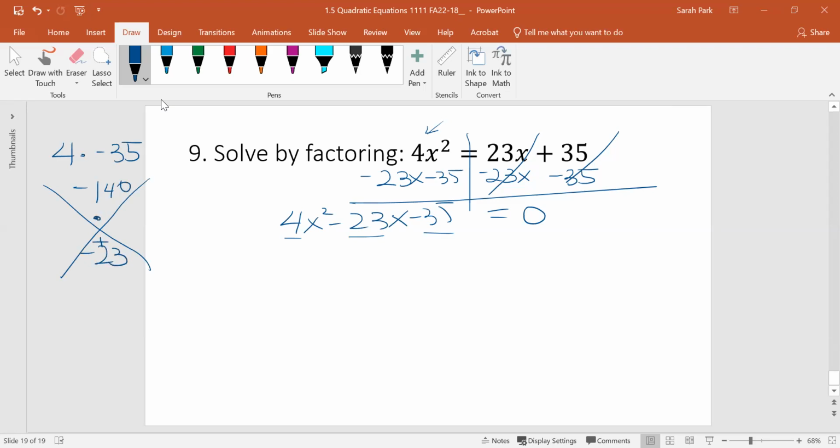Negative 140 is a big number, so this is kind of tricky to do. So I'm going to go over to my calculator. I think I've shown you before how to find factors of negative 140 that add to negative 23. Let's go to our calculator.